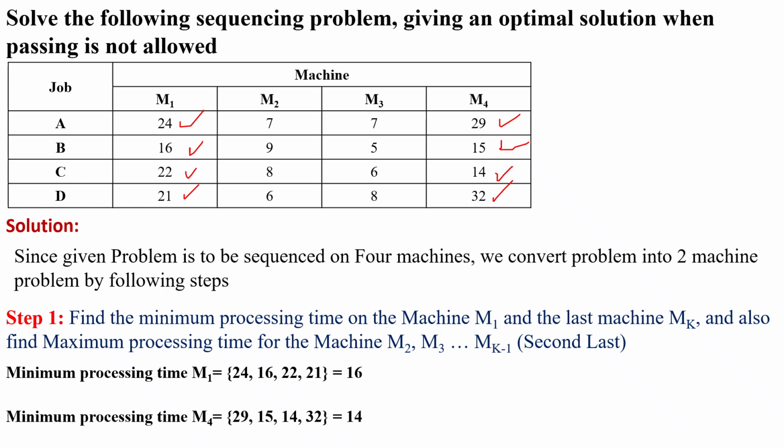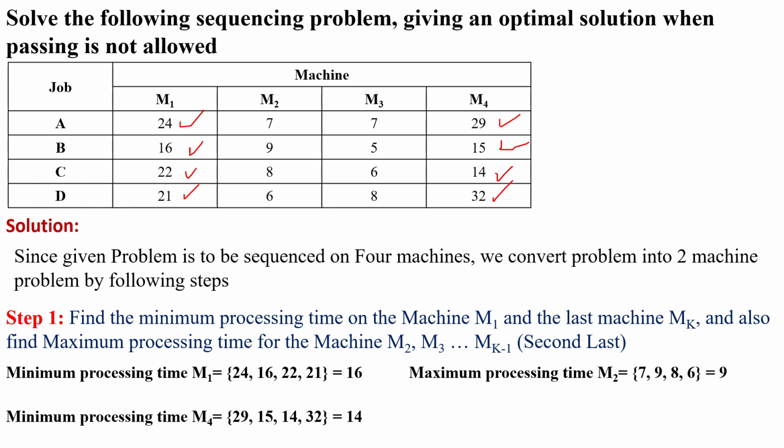Next we determine the maximum processing time for the second mission, third mission, up to the second last mission. Here the second mission is M2 and the second last mission is M3. So we have to determine the maximum processing time for the M2 mission and M3 mission. First I determine the maximum processing time for the M2 mission.